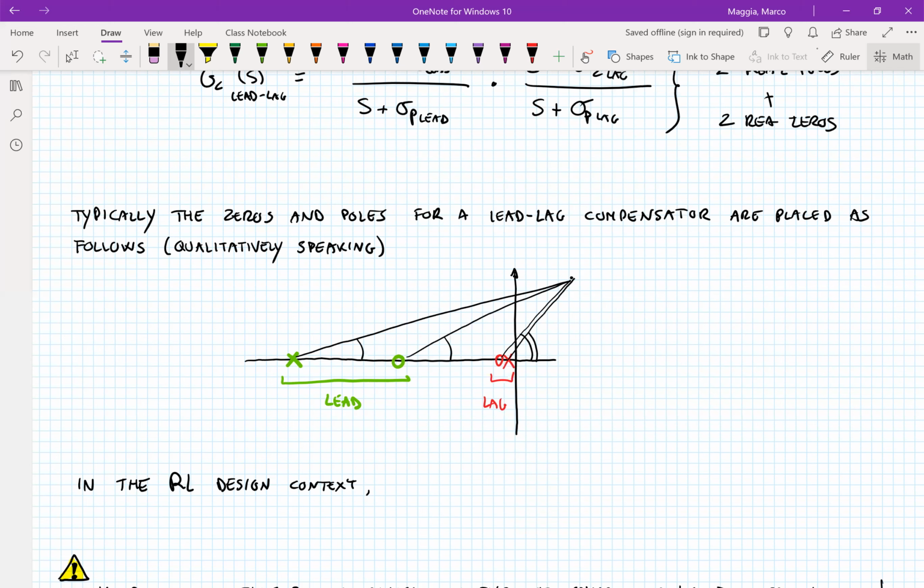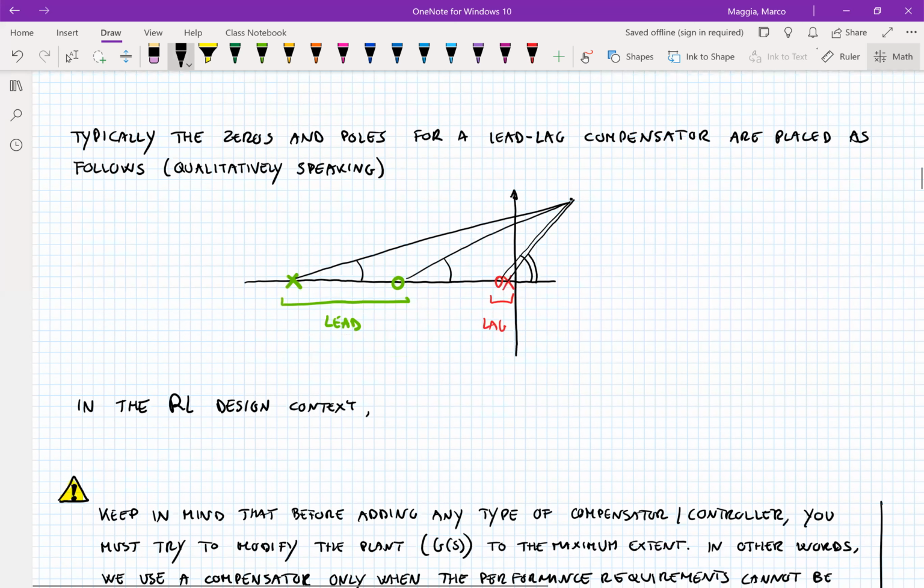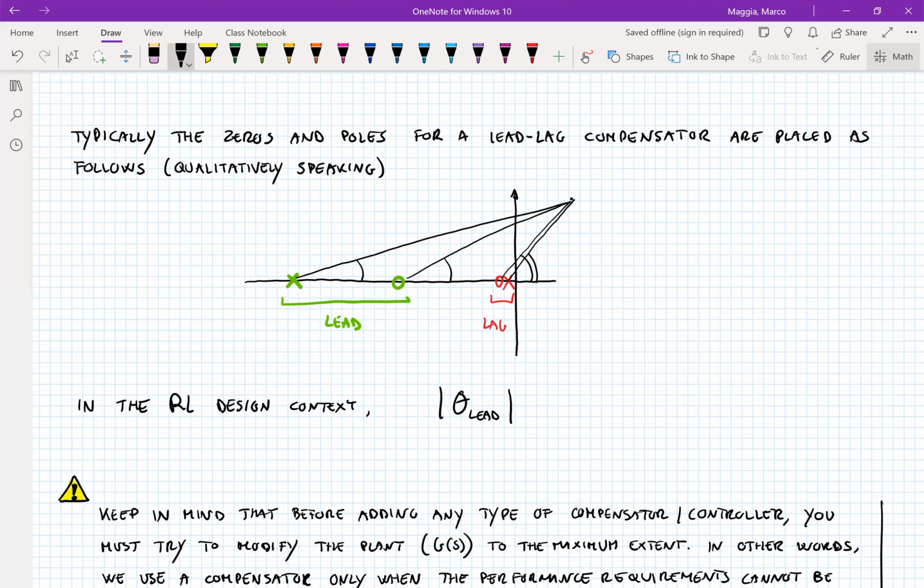So when we're designing a lead or lag or both lead and lag compensator in the root locus context, the phase associated with the lead compensator, so the angle, and I'm just going to take it as an absolute value, is going to be greater than the angle associated with the lag part of the compensator.